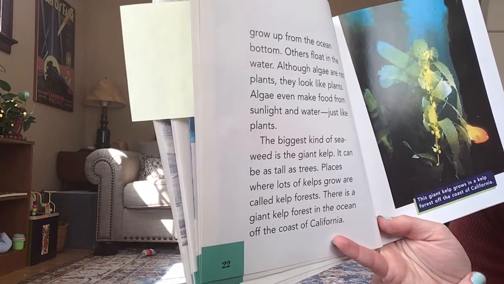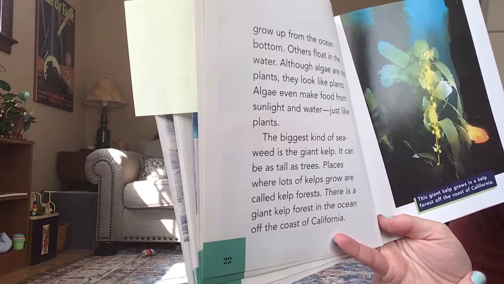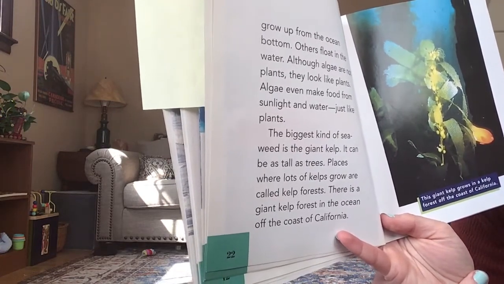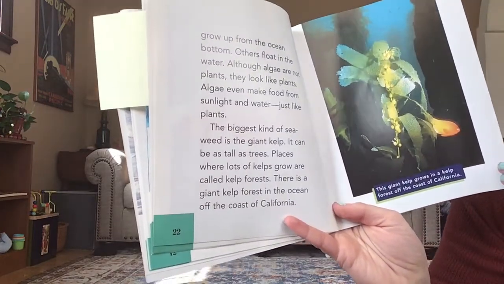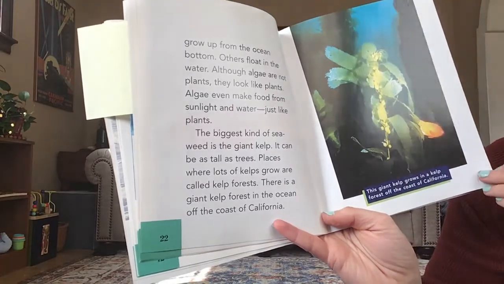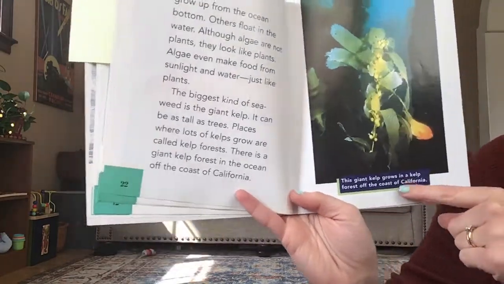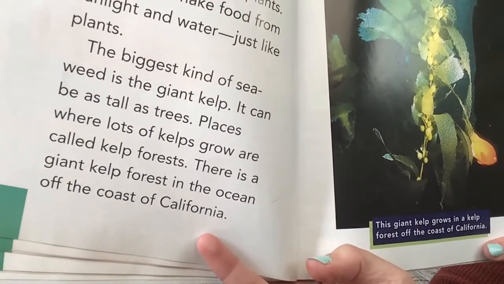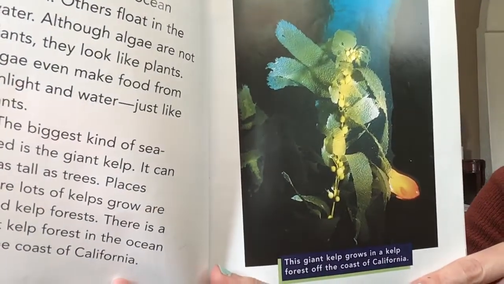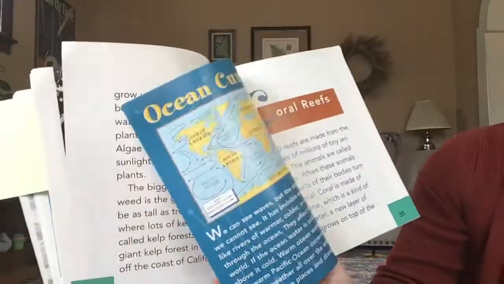It can be as tall as trees. Places where lots of kelps grow are called kelp forests. There is a giant kelp forest in the ocean off the coast of California. And then this caption says, this giant kelp grows in a kelp forest off the coast of California. So that's the end of our chapter.